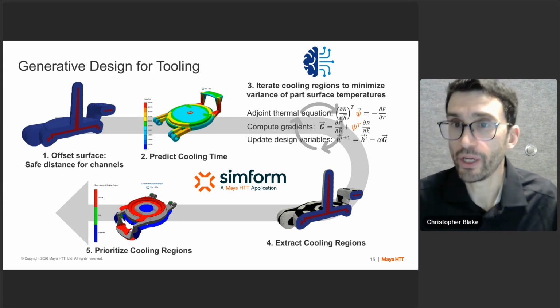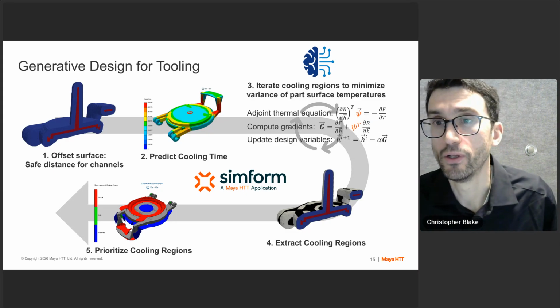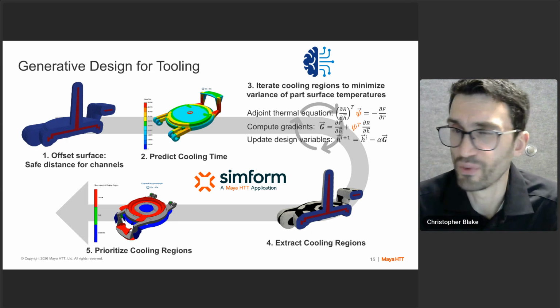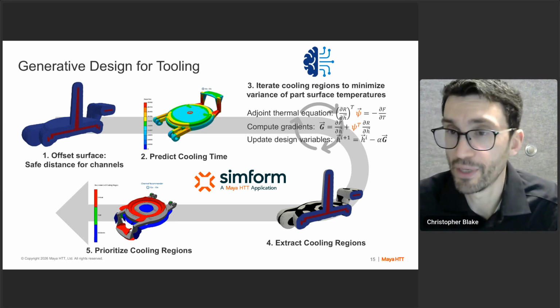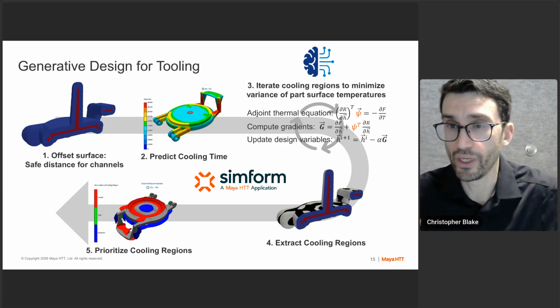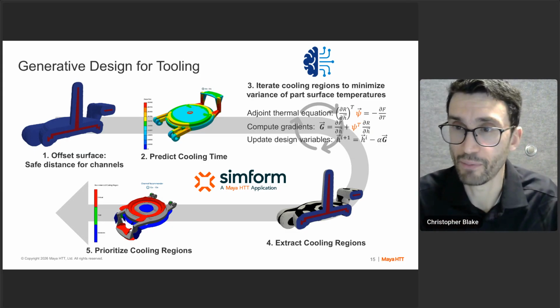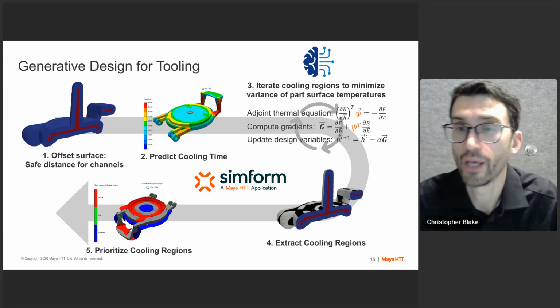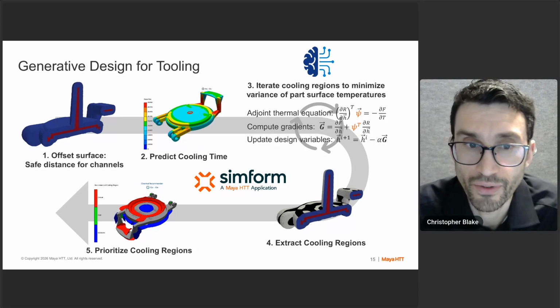And then we iterate over that offset surface the locations of cooling that are going to minimize the variance of the part temperatures. And we use an adjoint optimization algorithm to do that. Then we extract all the cooling regions and then prioritize them based on the amount of heat each region is rejecting out of the part and present that back to the user.